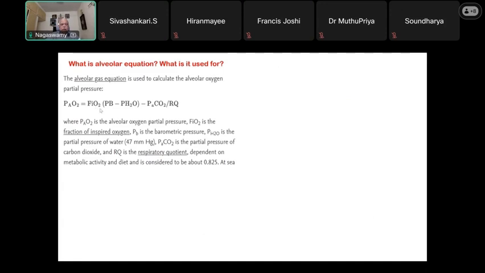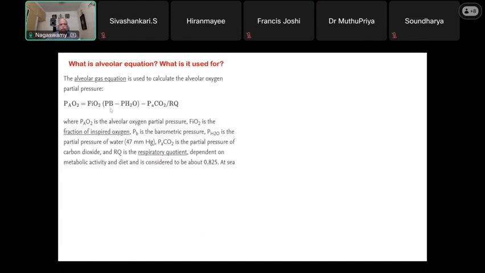That is the oxygen we get from atmospheric air. What is the normal barometric pressure? 760 millimeters of mercury. How much water vapor is there in our atmospheric air? The pressure caused by that water vapor is 47 millimeters of mercury.